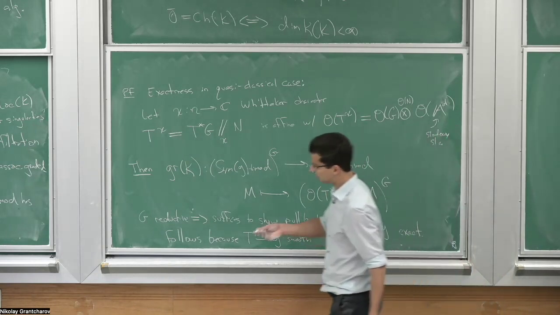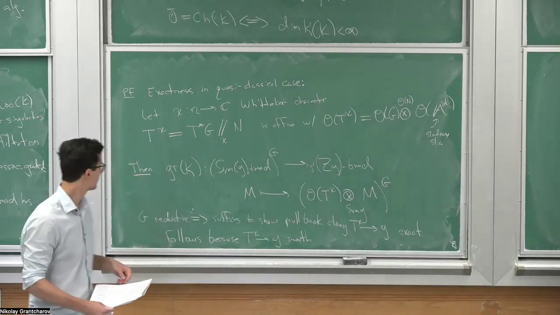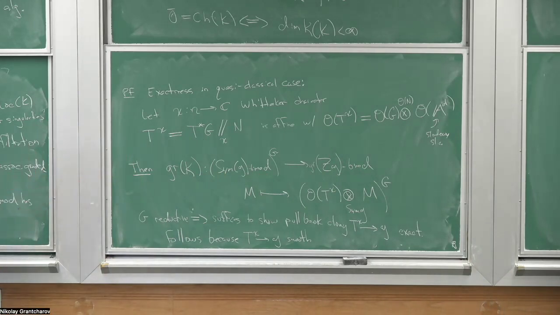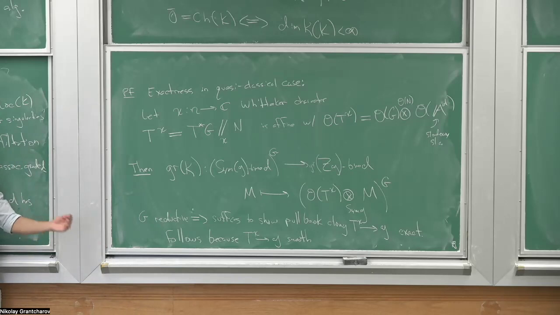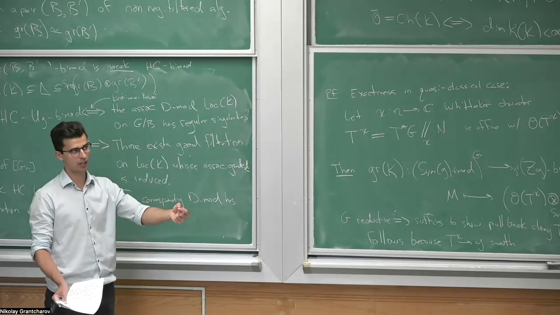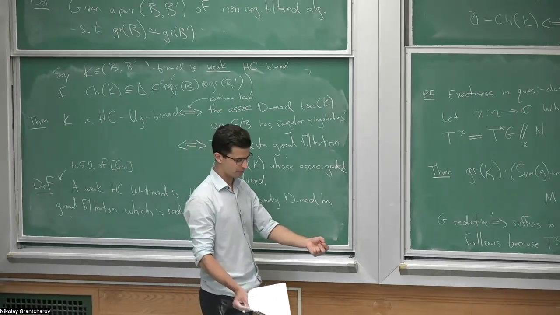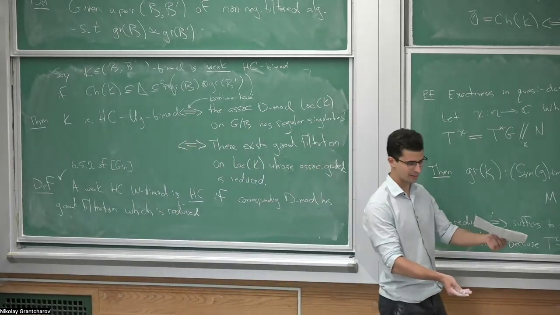And then the more general case, so I proved the quasi-classical case. There is a really long proof, so let me just say some of the obstacles. You have to use good filtrations and spectral sequences. But the issue is that a priori all of the W modules have unbounded filtration from below.